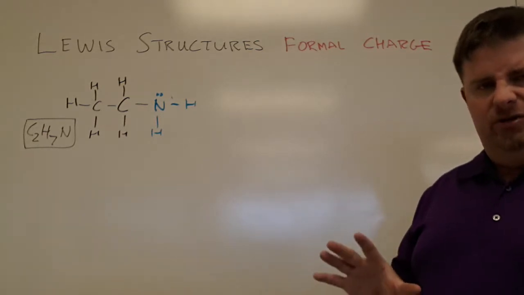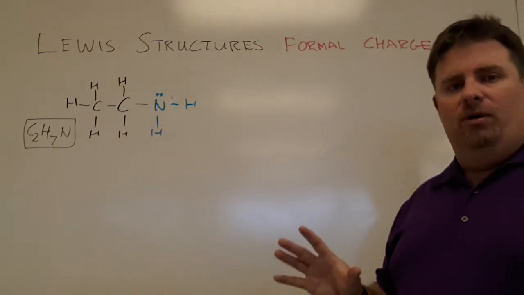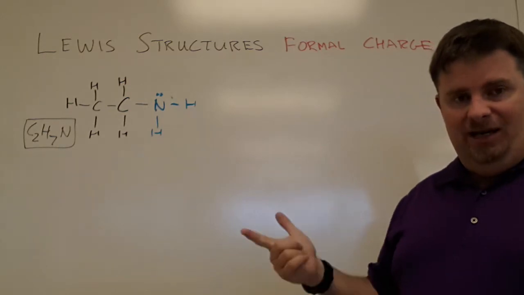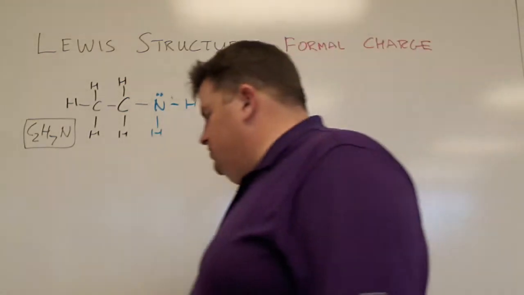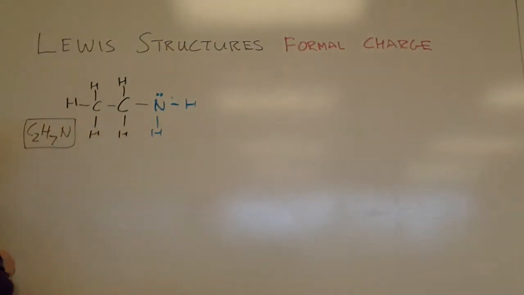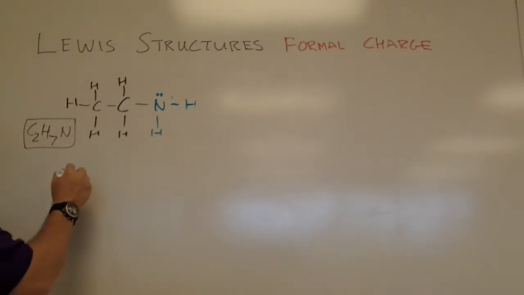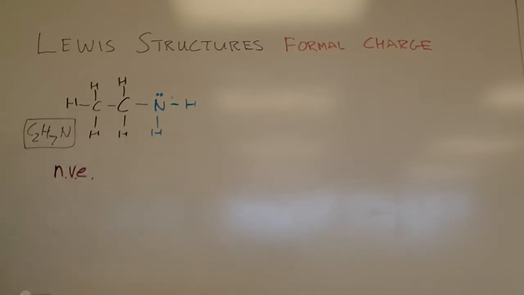The first thing you have to do is look at things that have one bond: halogens and hydrogens. I've got nothing but hydrogens drawn up here. To calculate a formal charge, I use the normal valence electrons, NVE, of the atom.